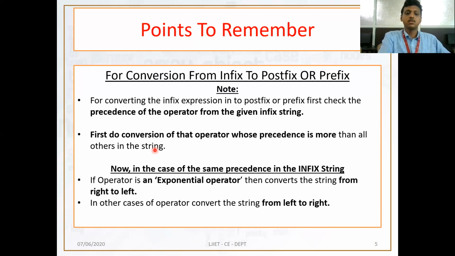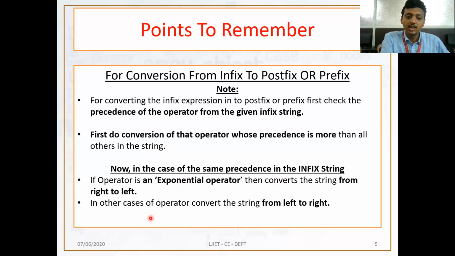Next one is the case of same precedence in an infix string. In many cases you will get plus and minus both in the same string. Then what do you need to do? If you have more than one exponential operator in the same string, then start from right to left.